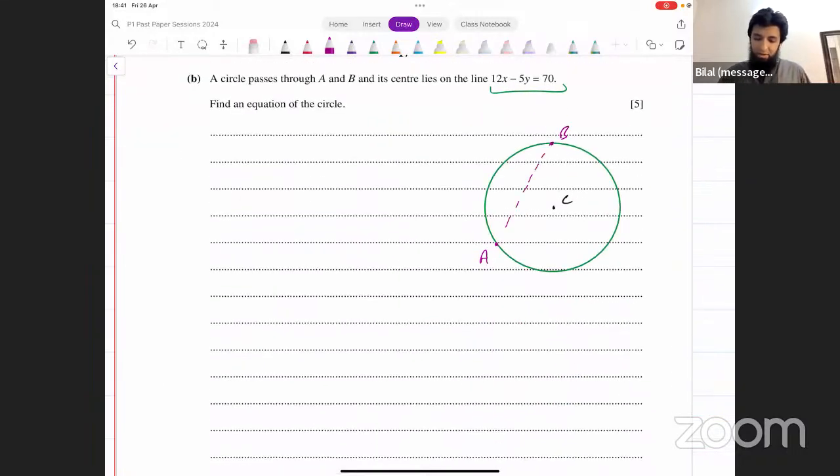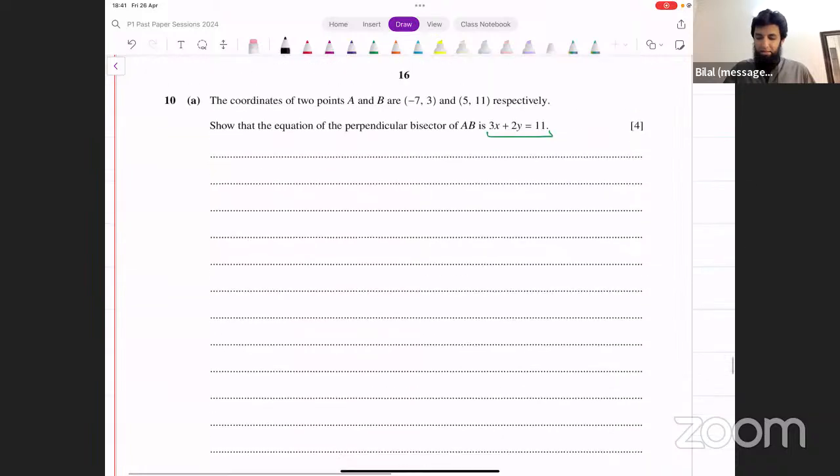What's the perpendicular bisector of AB? If this is the line AB, this is a chord. Perpendicular bisector of AB, that will look like this. And that will also pass through the center of the circle. This is a property of circles, that perpendicular bisector of every chord in a circle passes through the center.